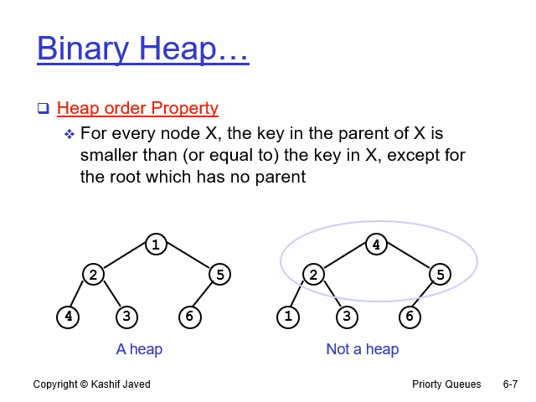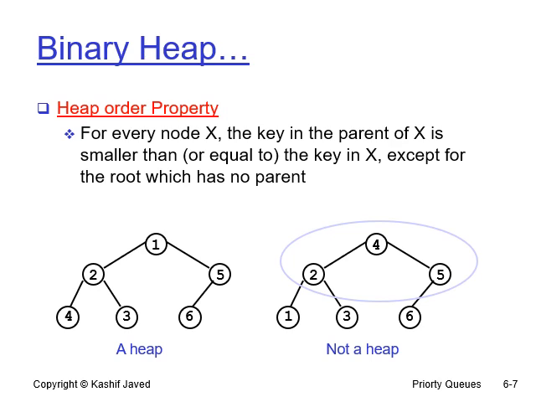If you read the property description: for every node X, the key in the parent of X is smaller than or equal to the key in X, except for the root, which has no parent. For every node X. So let's say X is 2. On the left hand side, look at the children of 2.